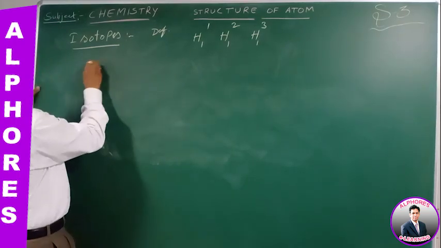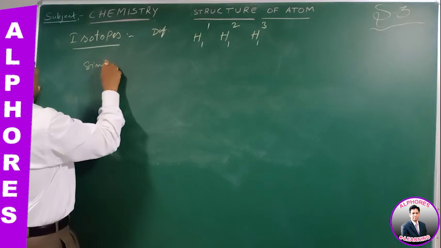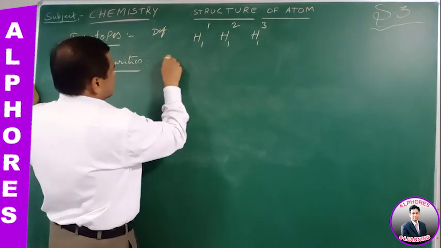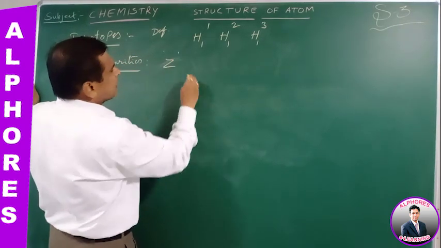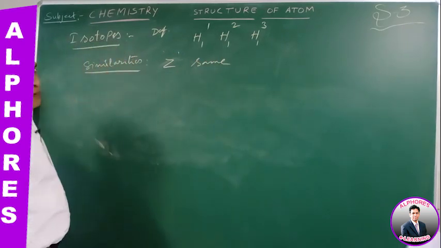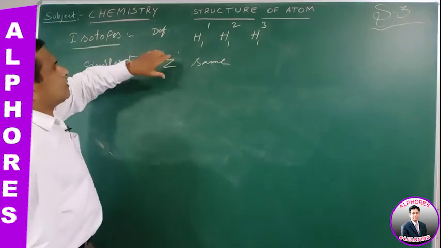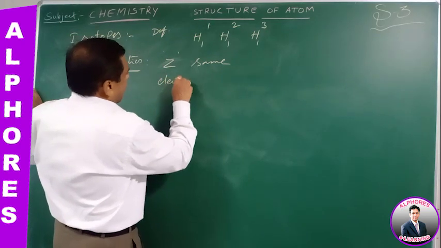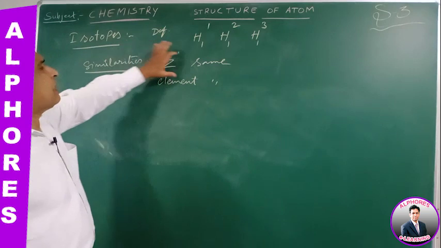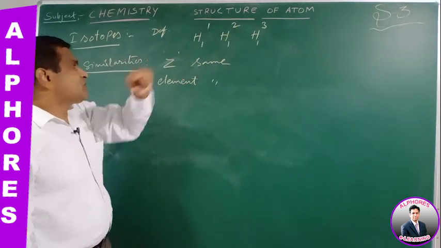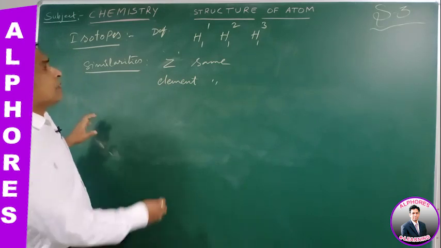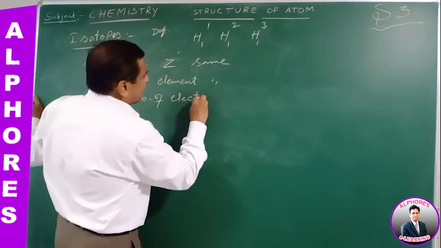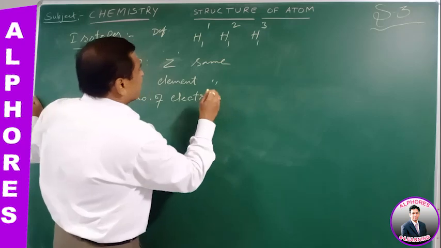So, what are the similarities of isotopes? The atomic number, Z, is the same, so the element is the same element. When the atomic number is the same, that is nothing but the same element, then the number of electrons is the same.